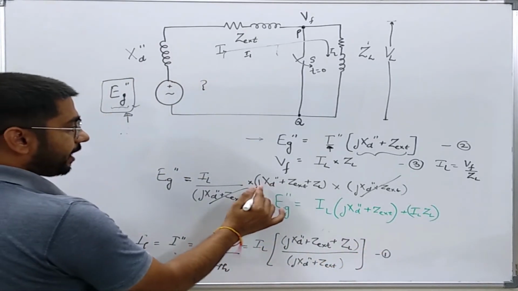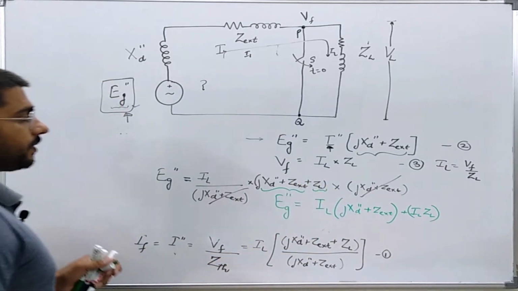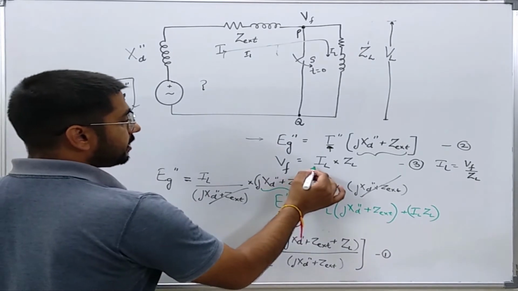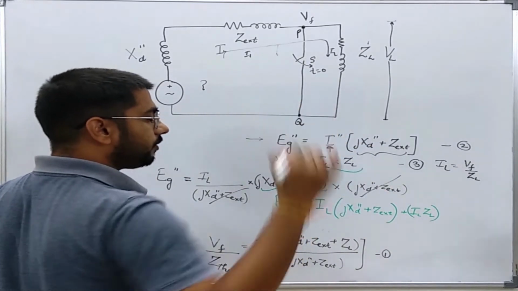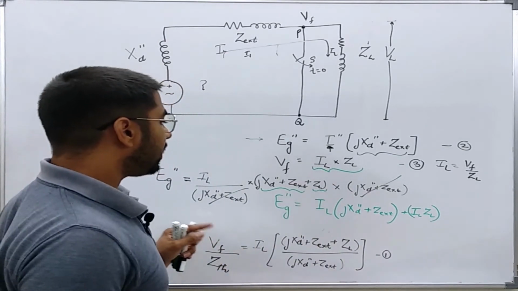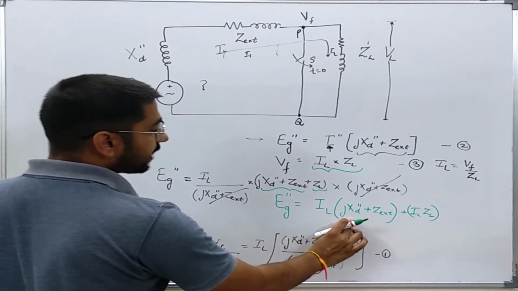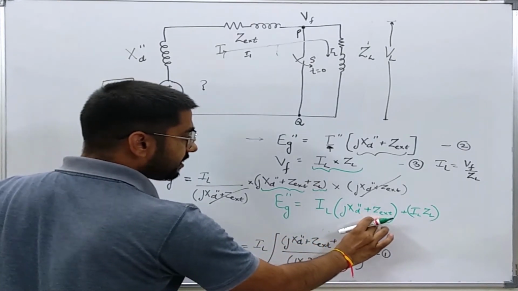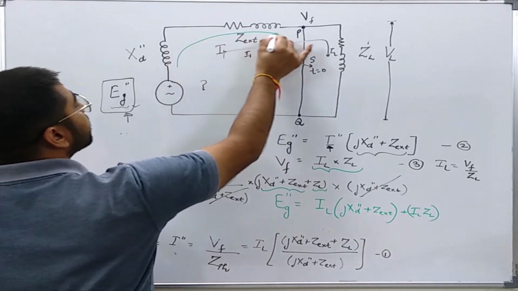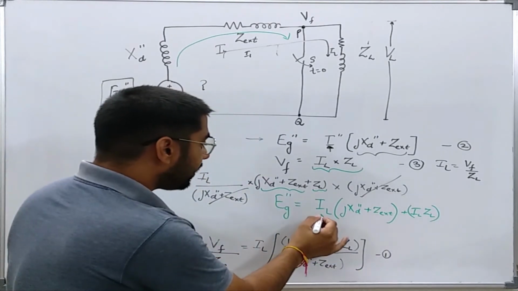I have bifurcated this term in two parts. Okay, now ILZL is the pre-fault voltage. Similarly this term, IL into (JXD double dash plus Z external), depends upon the load current IL.